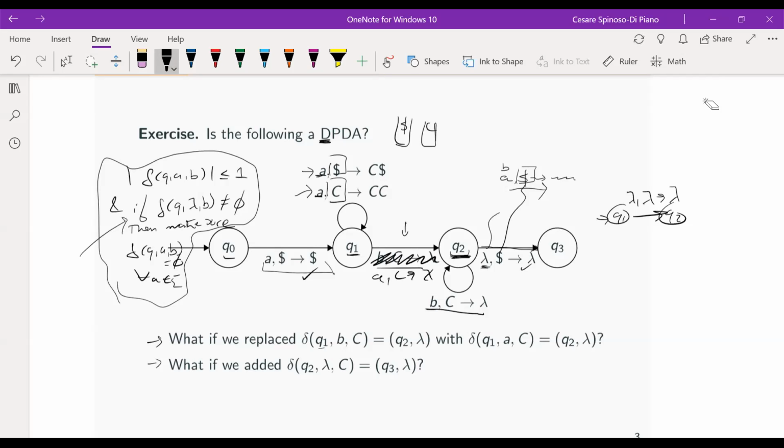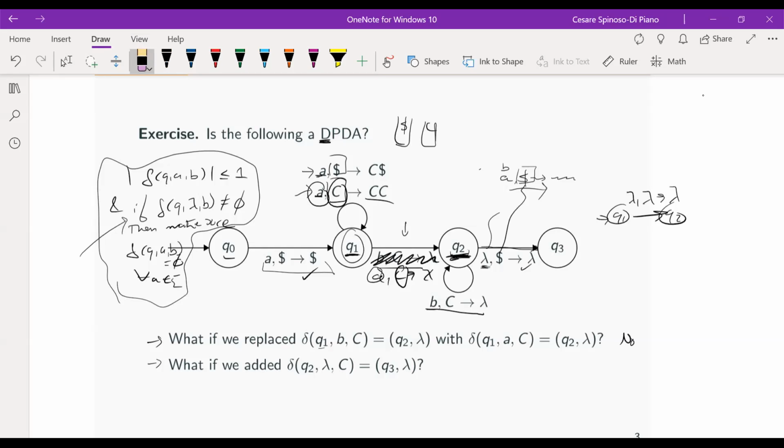Did someone answer? Yes, very good. It would not be a DPDA. Why? Because for Q1, when you read an A and there's a C at the top of your stack, you have two choices. Either you can push another C and go back to Q1, or pop that C and go to Q2. So you have two choices, so no, it's not a DPDA. It's because you have a choice. As soon as you have a choice, it's not deterministic.